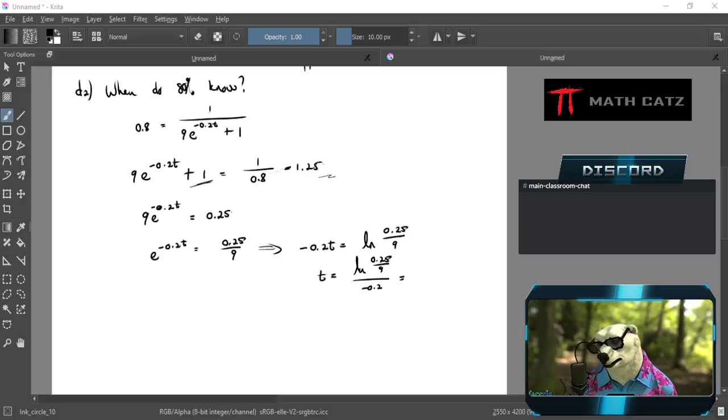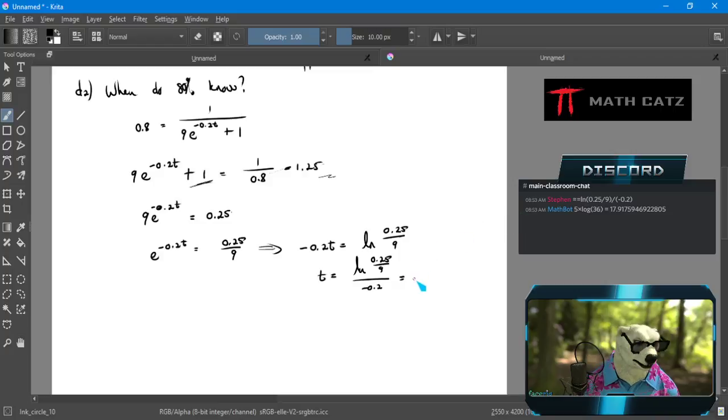I have natural log of 0.25 divided by 9, divided by negative 0.2. MathBot says 17.9176. So approximately 18 days, and then 80% of the people will know the rumor.